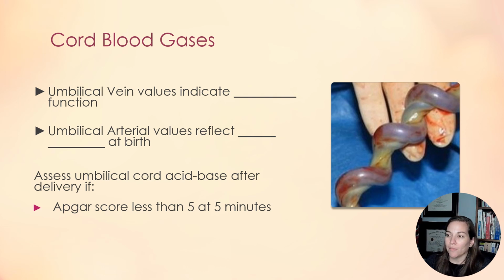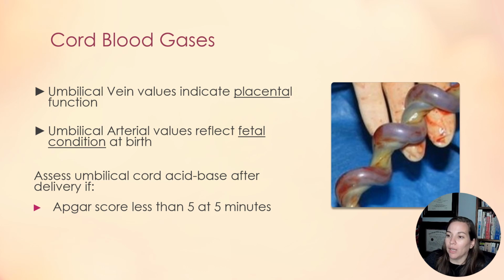So remember, the variability will tell us how well oxygenated the baby is at that moment, and the absence of accelerations might tell us that the baby is acidotic, okay? Meaning there's a little more implication there for how the baby is being affected at this point. Have they been deprived of oxygen long enough that now it's really affecting their acid base status, okay?